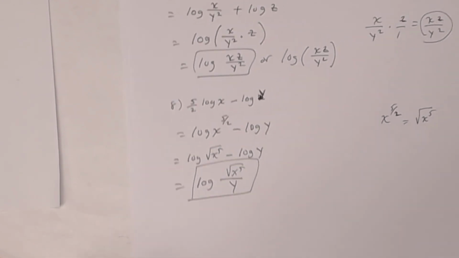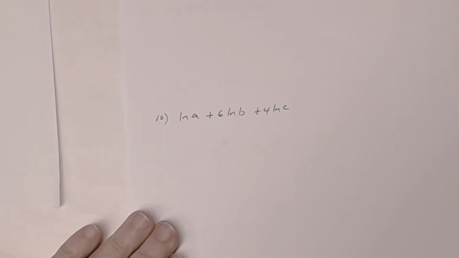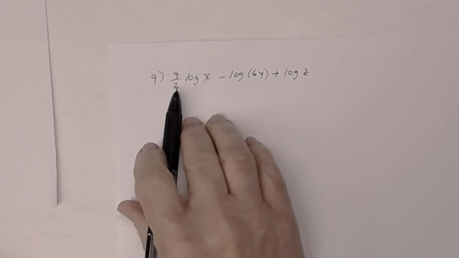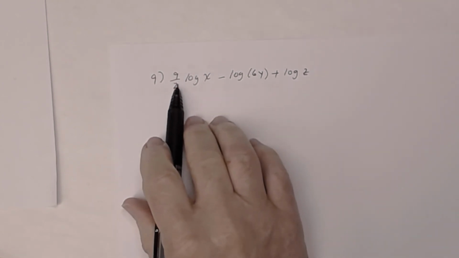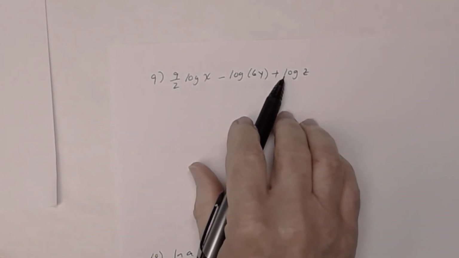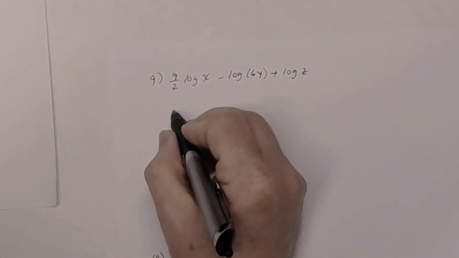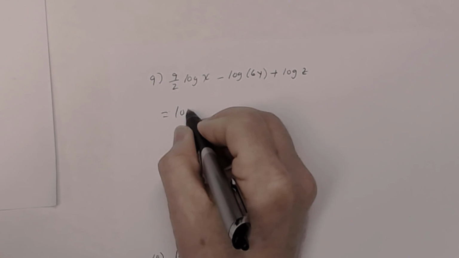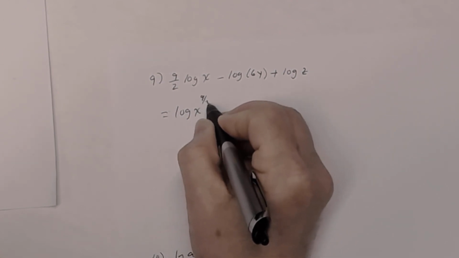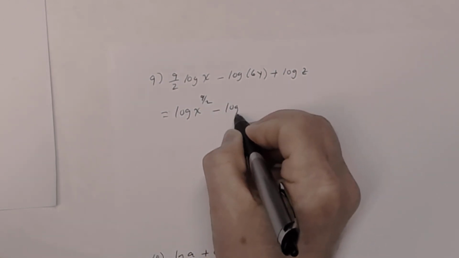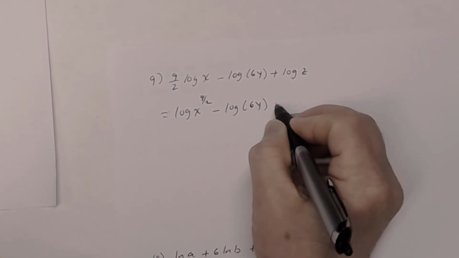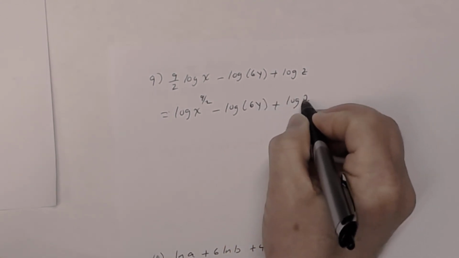Okay. Number 9, same thing, right? Same thing. So let's go ahead and rewrite this as an exponent, and everything else is 1s. All the bases are 10s. So we're going to get this. So this becomes the log of x to the 9/2 power minus the log of 6y plus the log of z.